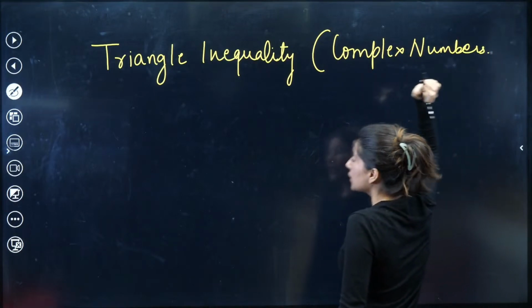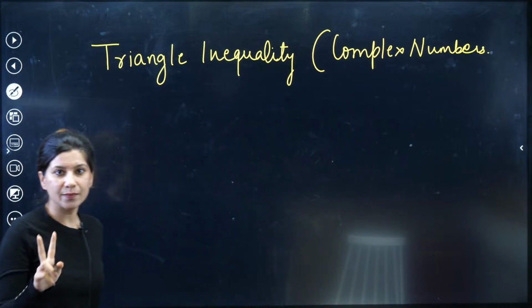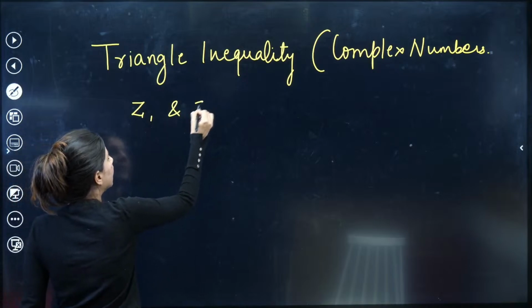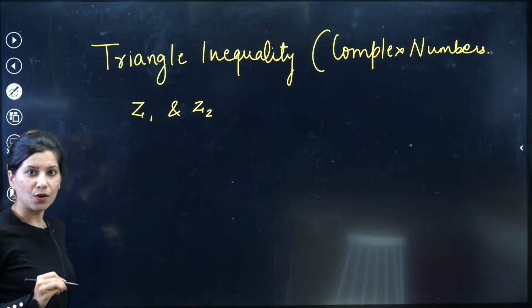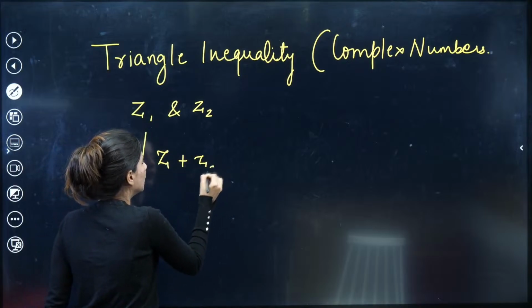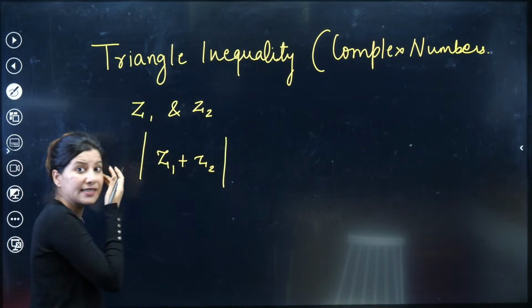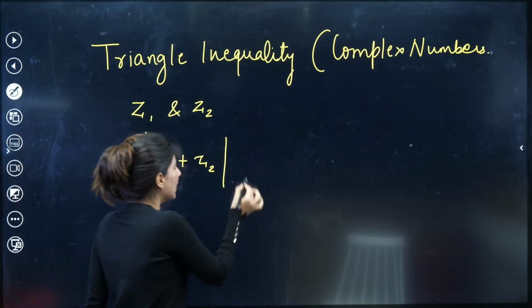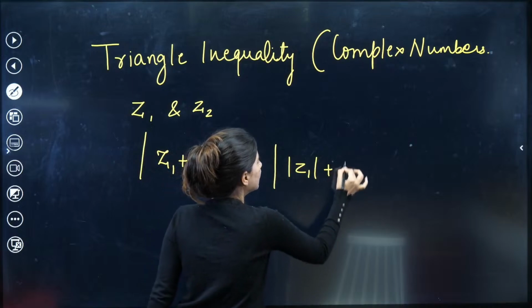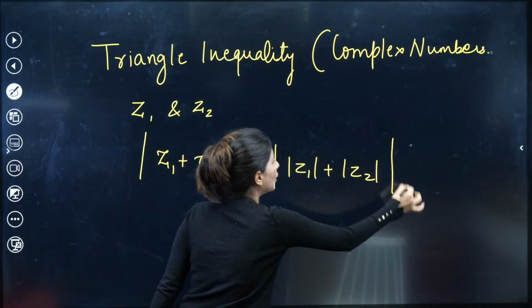Suppose you are having two complex numbers over here. First one is Z1 and second one is Z2, all right? Mod of Z1 plus Z2 will be greater than or equal to mod of mod Z1 plus mod Z2, mod close.